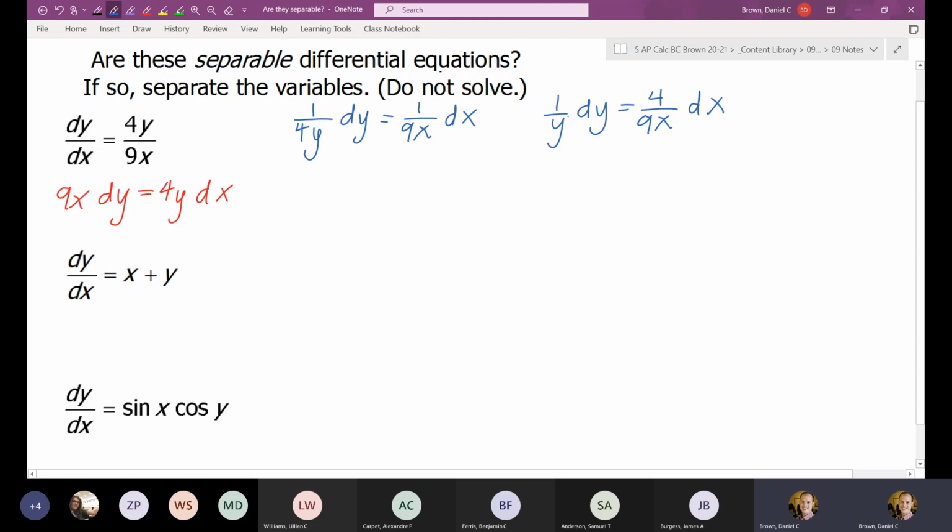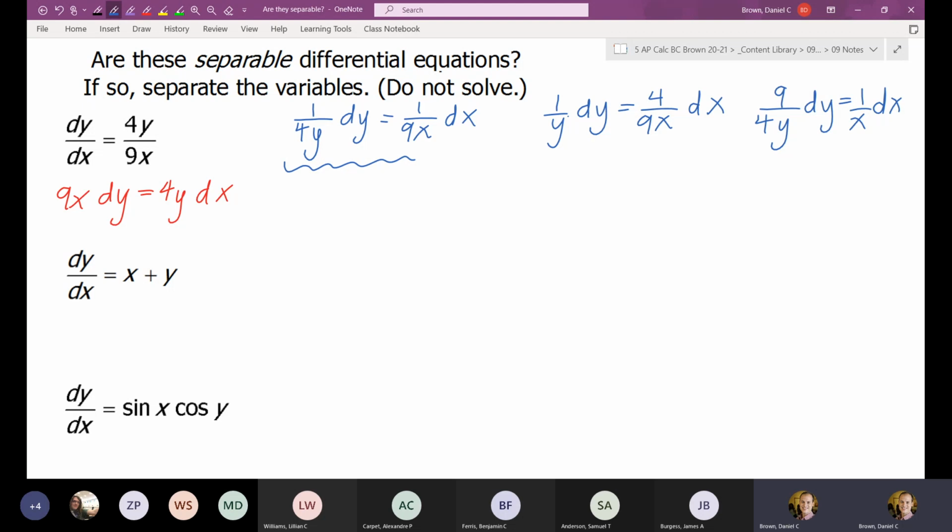That is the same and equivalent. Or you could have it as 9 over 4y dy is equal to 1 over x dx. All of those will give you the same answer. Again, this first one tends to be my preference. Maybe the second one, probably not the third, at least for me.